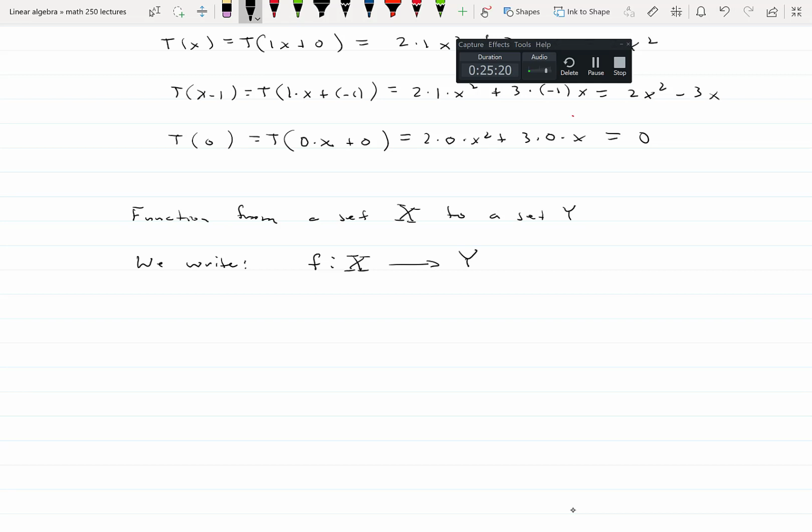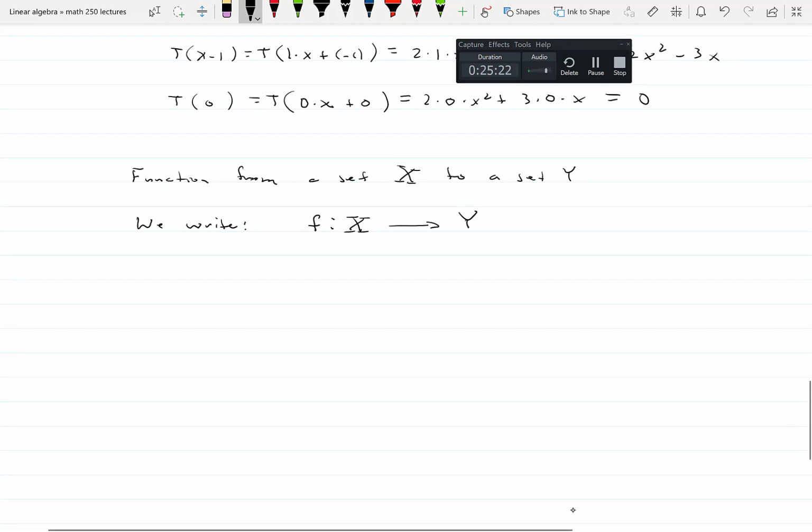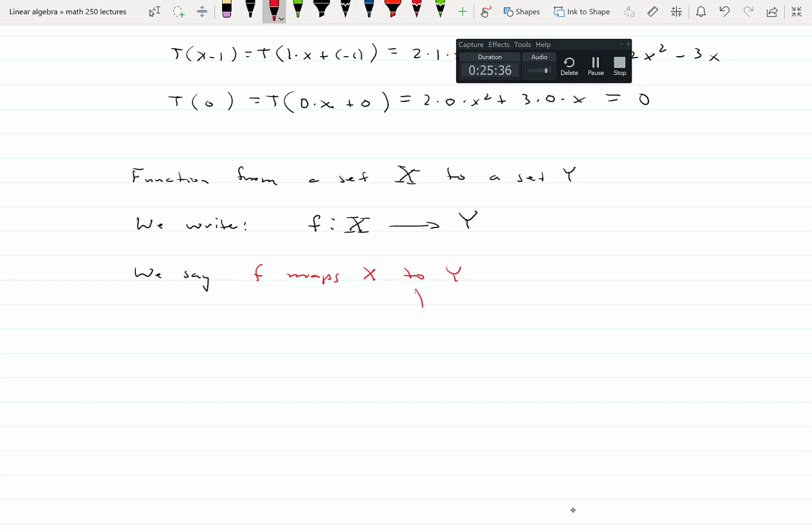We're not talking about vector spaces yet. Set Y. We say f maps X to Y, and sometimes we use the word into instead of just to Y.